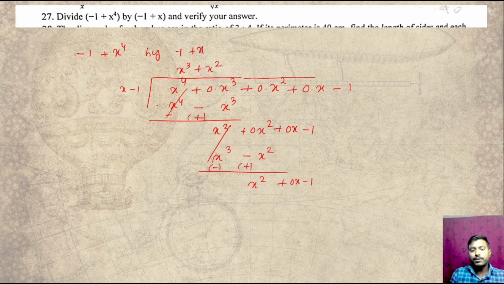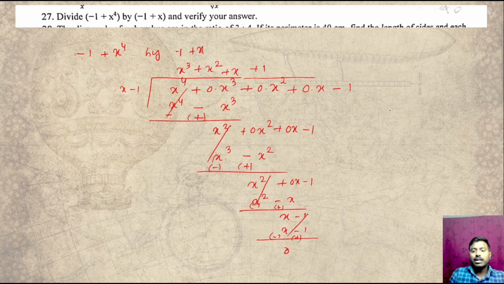Now plus x, that is x square minus x, change the sign, plus minus cancel, x minus 1 plus 1, that is x minus 1, then plus minus cancel, 0. And verify your answer.